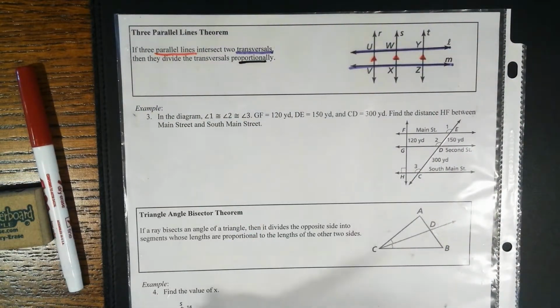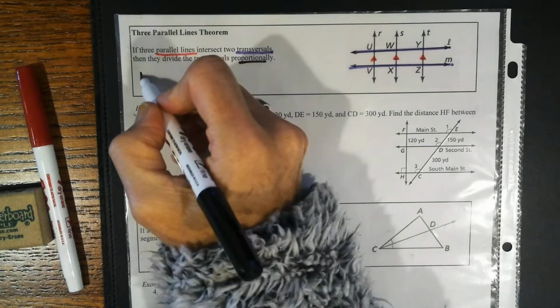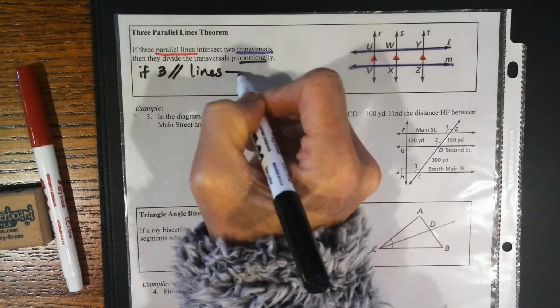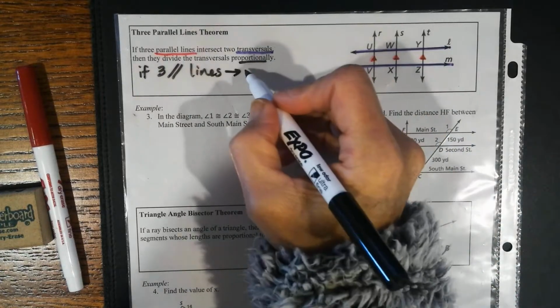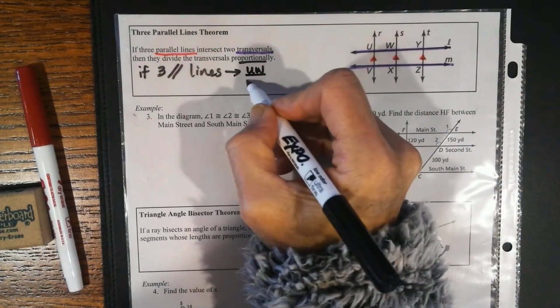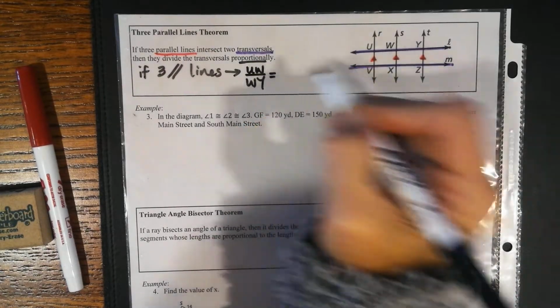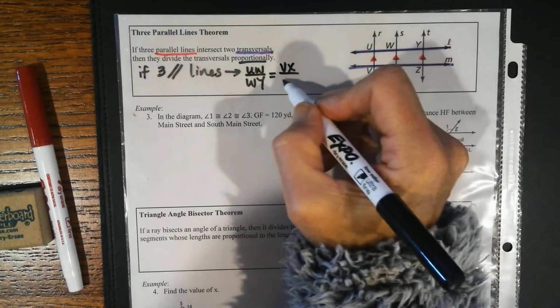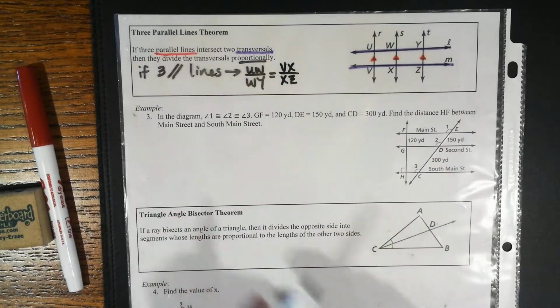Okay, so what that means is if you have 3 parallel lines, okay, then you can write UW over WY is equal to VX over XZ.